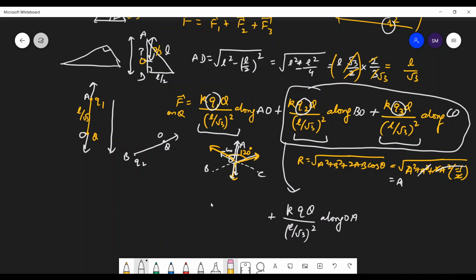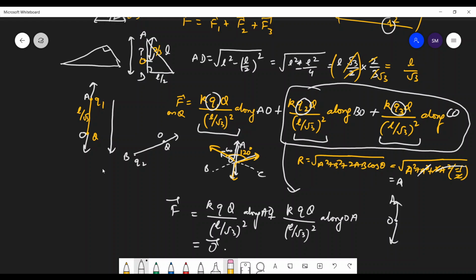And I need to add it with KQ upon L by root 3 whole square along AO. So basically I am adding these two forces. This one is along OA, and the earlier one was along the opposite direction. So they are equal and opposite. So the net force on Q is equal to 0.